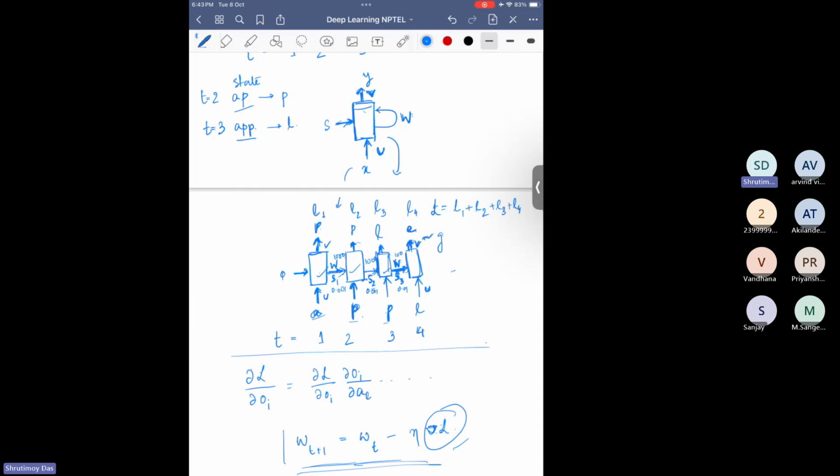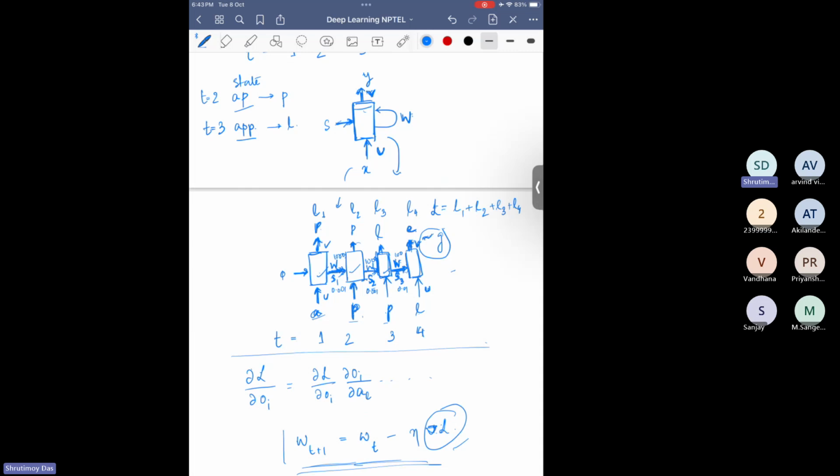Here it depends on the state S2, here on state S1, and so on. So if you want to compute the gradients at time step 4, you still have to look at the gradients that occurred in the previous time steps. So the gradient at time step 4 depends on the gradients that occurred at time step 1.